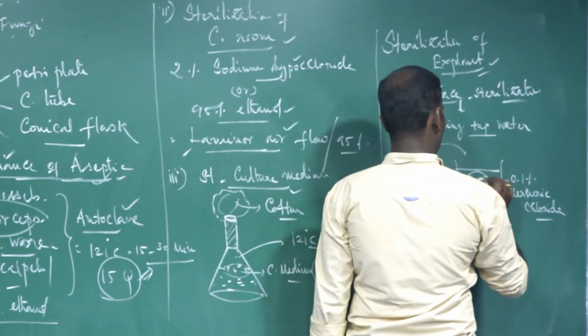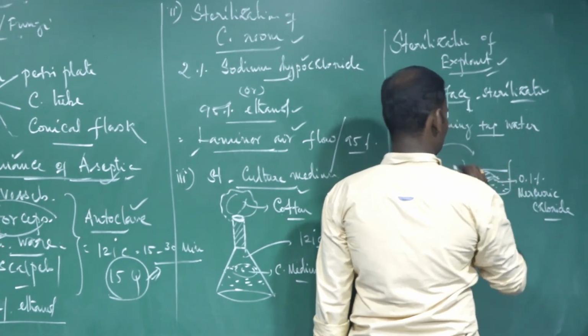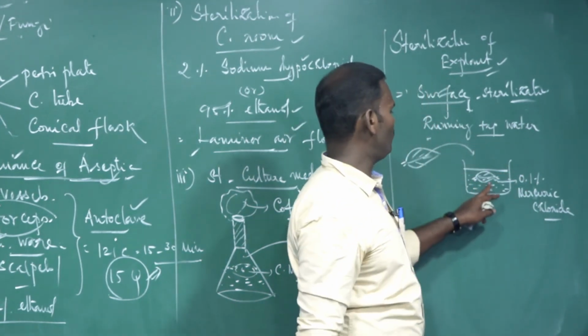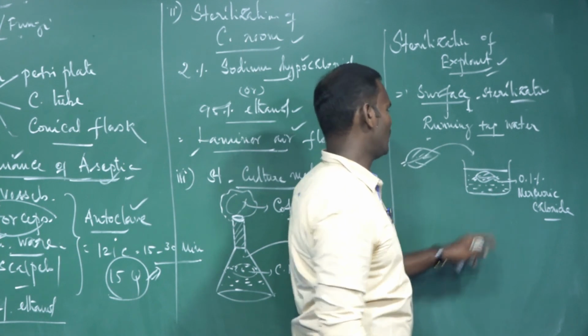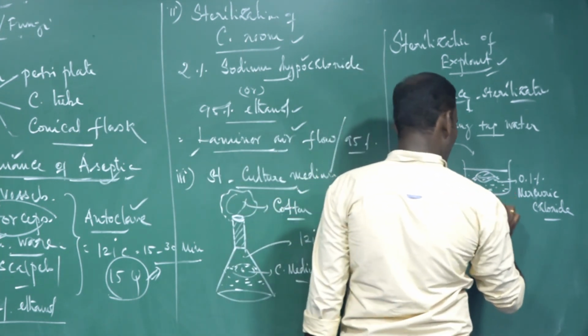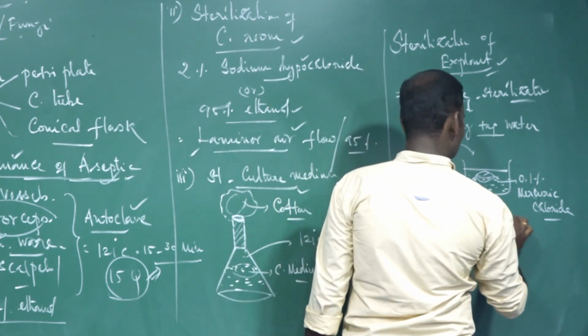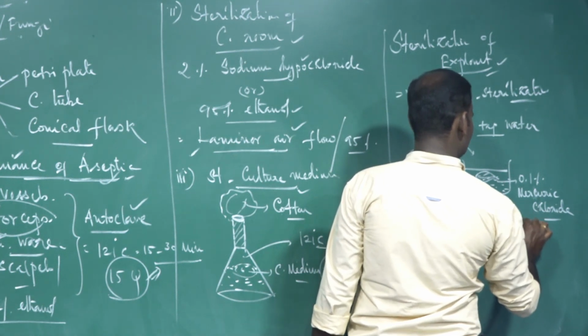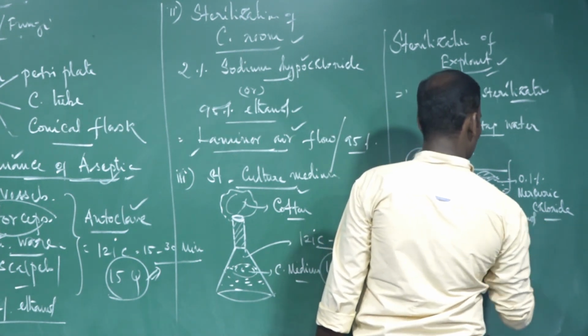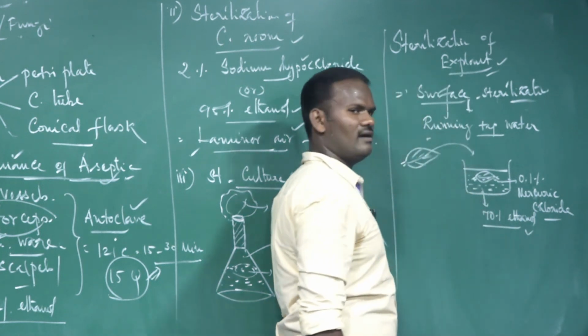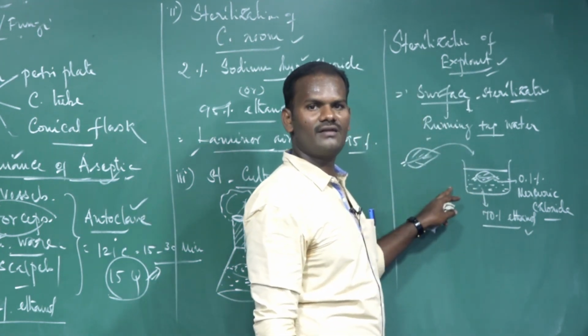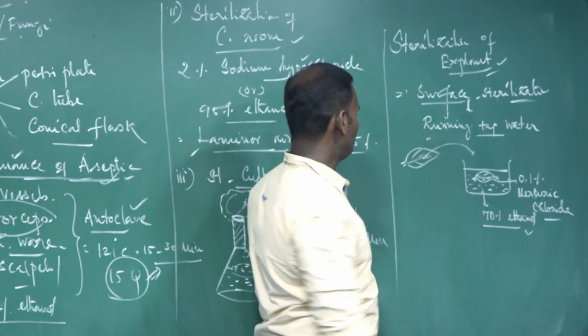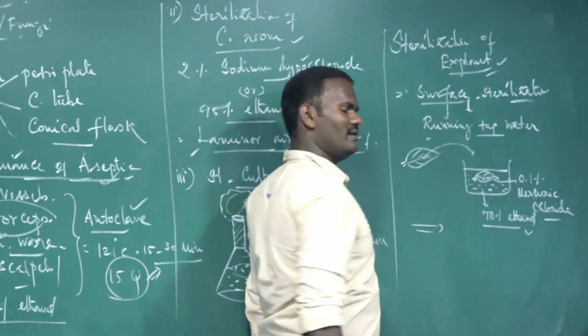So the explant is treated with 0.1% mercury chloride, followed by 70% ethanol. Automatically the explants are free from microbes. So these are the sterilization techniques.